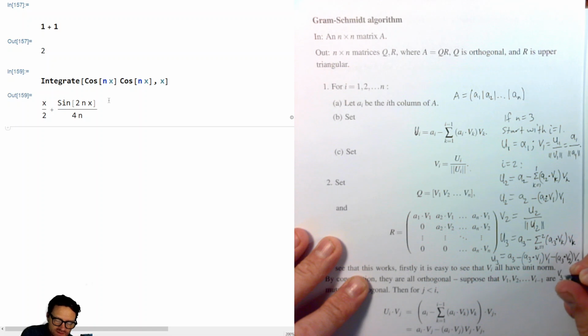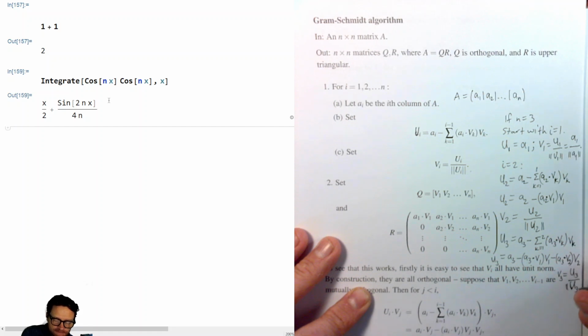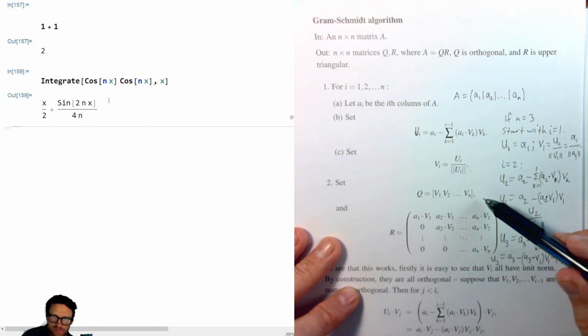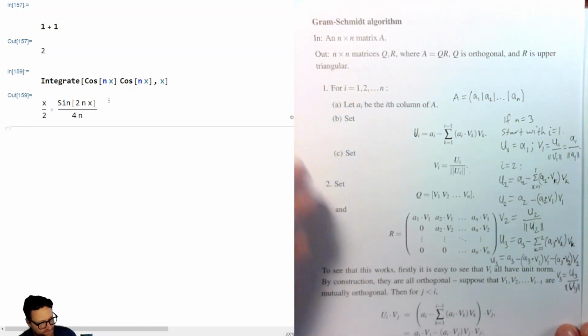Let's fit this in the column. V3 is U3 over the norm of U3. At this point we should have V1, V2, and V3, so we just glue these together and form our matrix Q. Now it will be orthogonal.